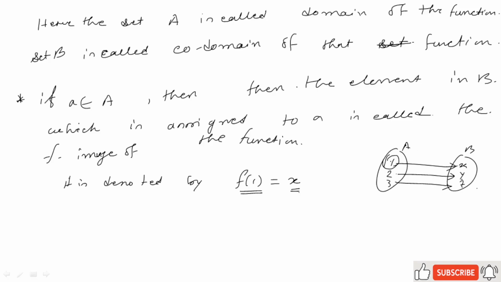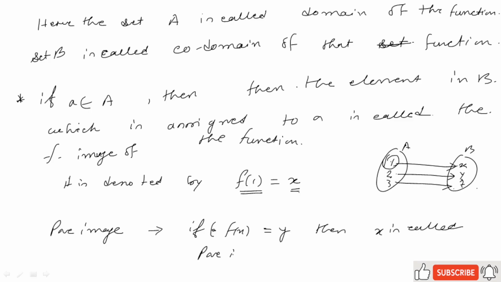Pre-image of x is 1, pre-image of y is 2, pre-image of z is 3. The simple definition of pre-image is: if f of x is equal to y, then x is called the pre-image of y.